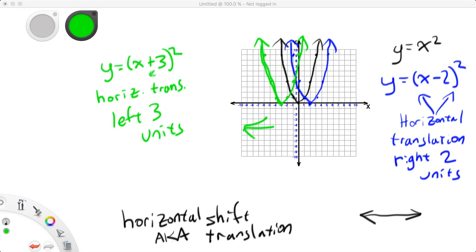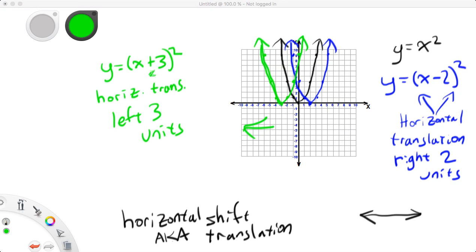I take this point, I move it left 3 units. I take this gender neutral point and I move this left 3 units. This one goes left 3 units. This one goes 1, 2, 3 over here. This one goes 1, 2, 3 over here. And then I've got this one going over 1, 2, 3, and this one going over 1, 2, 3.